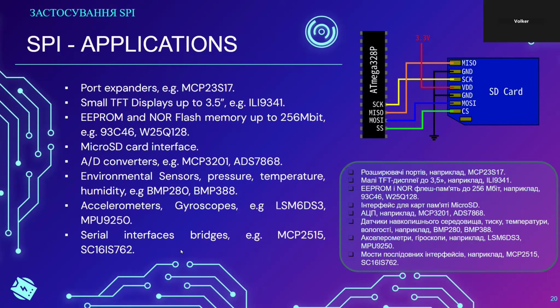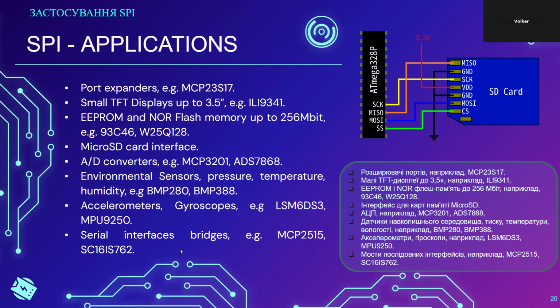If you just search on AliExpress for ILI9341, you will see a number of 3.5-inch displays that are going to pop up. And 3.2-inch displays, some maybe even 4.3-inch displays.